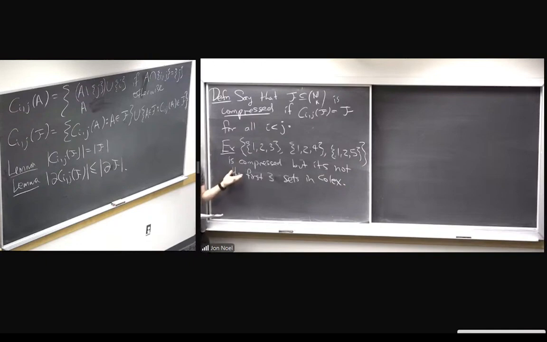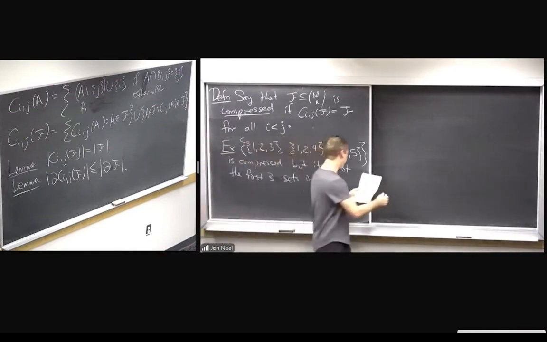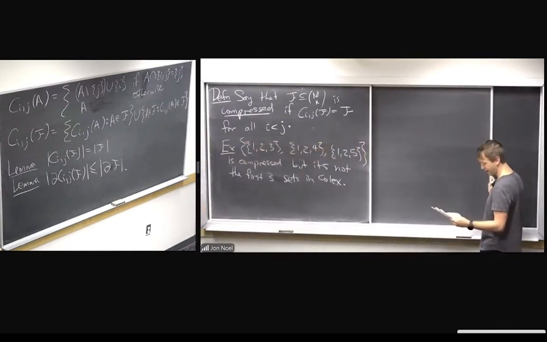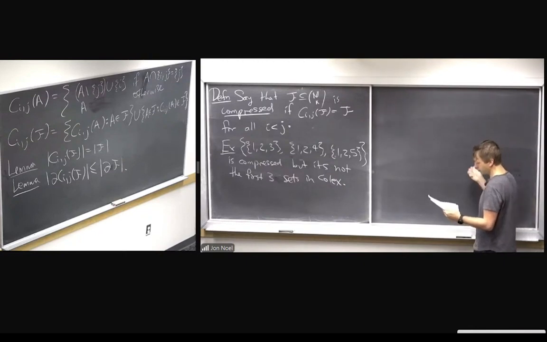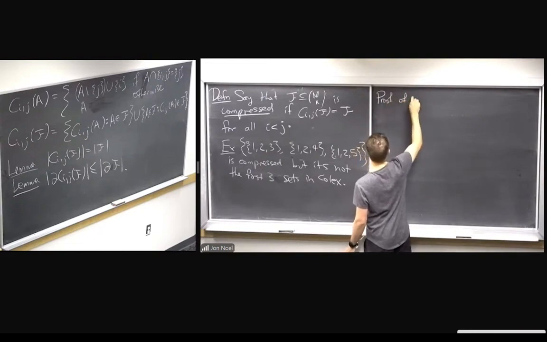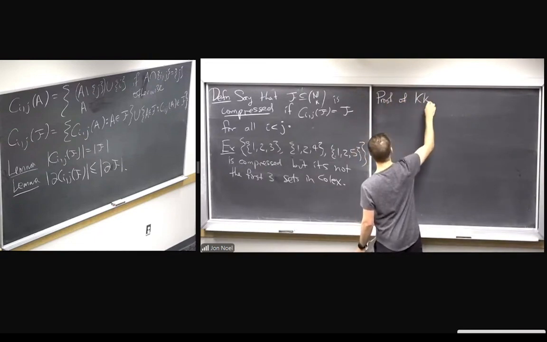Unfortunately, that doesn't work, because it could end up with this family, and that's not the first three sets in colex. But everything's not lost, so we can still prove it even with this slight issue. So let's get into the proof. We'll just call it KK, Kruskal-Katona.